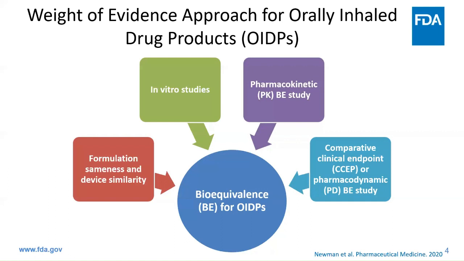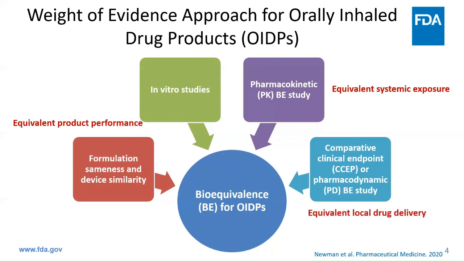This method generally includes in vitro studies and formulation sameness and device similarities to provide equivalence in product performance, pharmacokinetic BE studies to provide equivalence in systemic exposure, and comparative clinical endpoint or pharmacodynamic BE studies to provide equivalence in local drug delivery. Taken together, they provide the bioequivalence for the orally inhaled drug products.